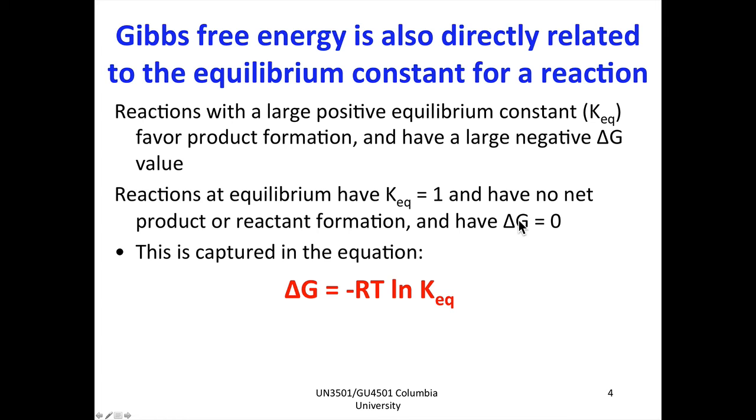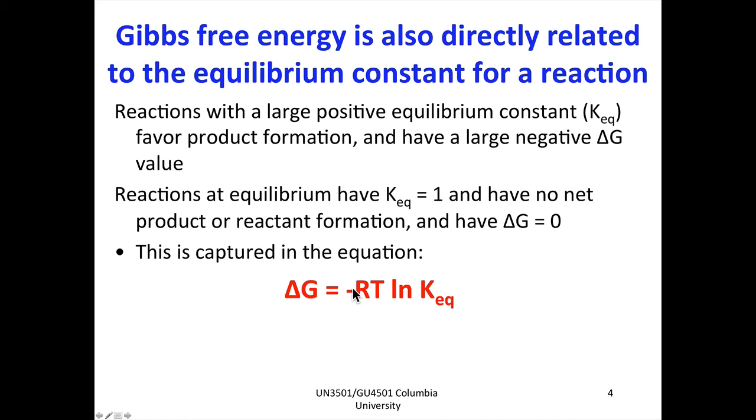What about a reaction at equilibrium? If we have an equilibrium constant exactly equal to 1, we could substitute a 1 here. Now remember your log function. The natural log is what power e is raised to in order to generate 1. And remember that's 0. So the natural log of 1 is equal to 0.